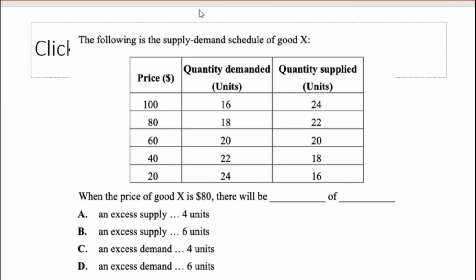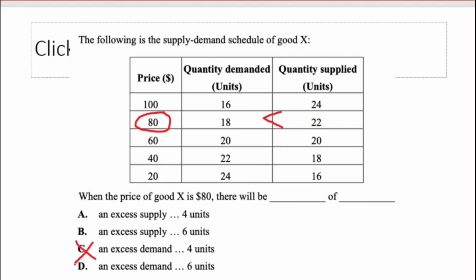Okay, as you can see here, students, when the price of good X is $80, there will be blank, blank. So as you can see here, there is $80. And how do we know the answer? You see, the quantity demanded is 18 and the quantity supplied is 22, which is larger than this one. And whenever that happens, that's of course a manifestation of an excess supply.